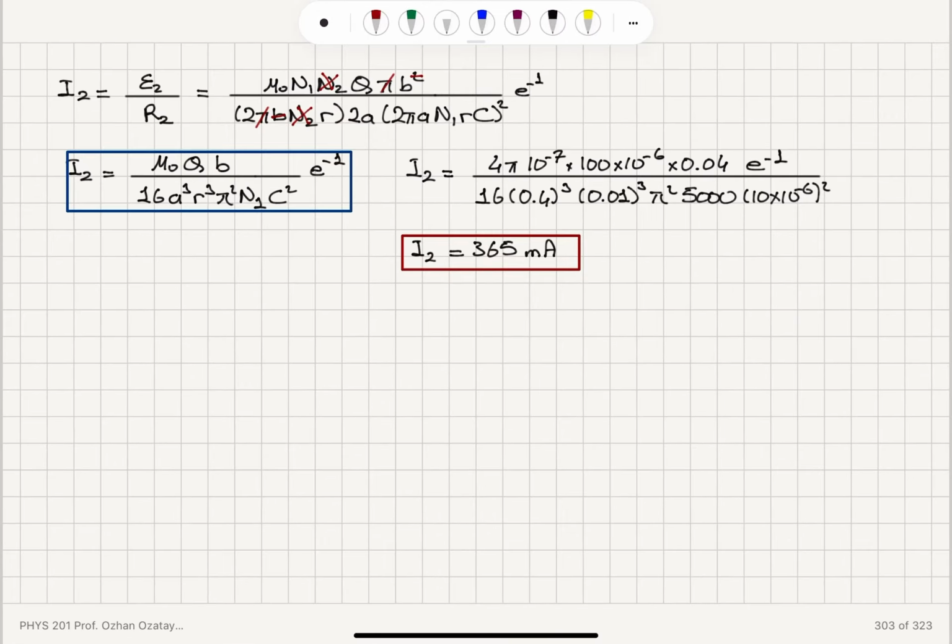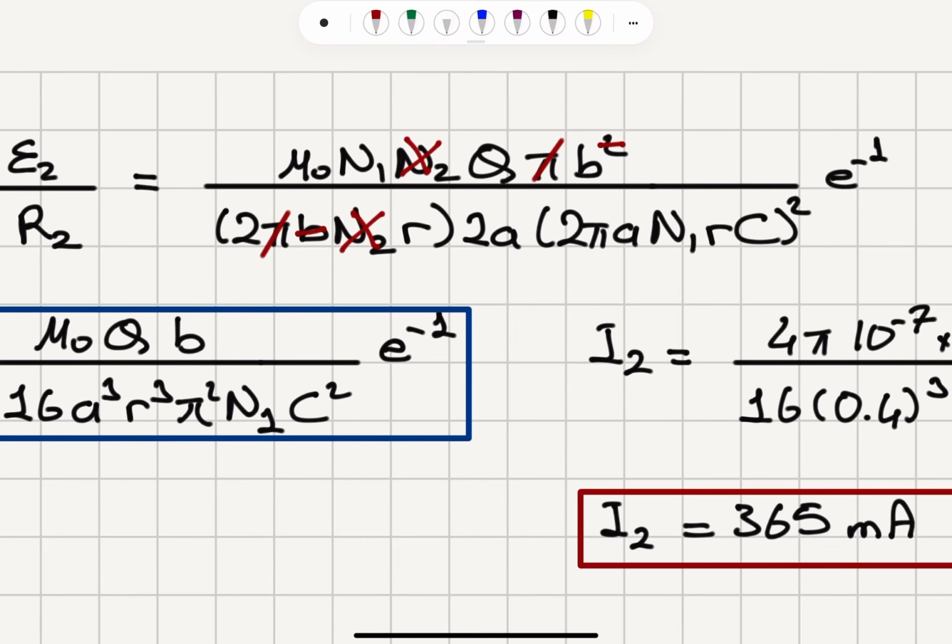So that's my final answer for this part of the question. Let me note here that I've also taken care of this N1, made this N1 squared N1.